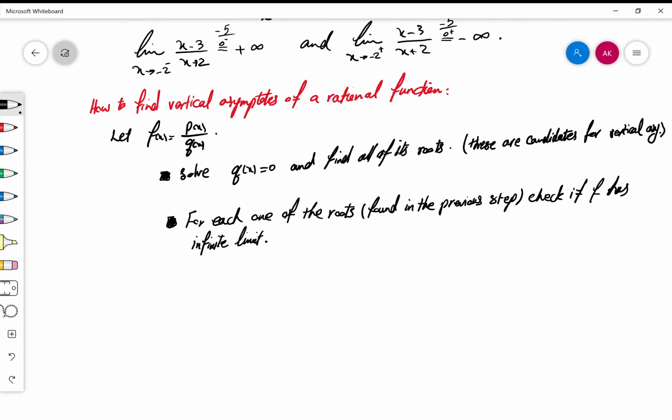Well, let's just do some examples here. Example: find vertical asymptotes of given functions.